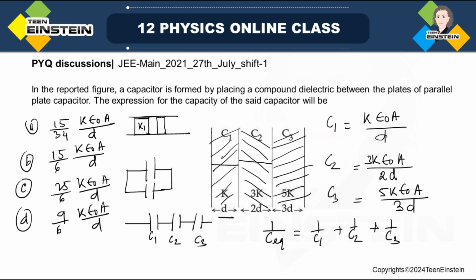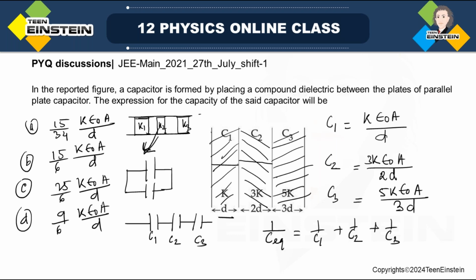See, their area of cross section is not same, but this distance is same actually. Within the same distance. So this is where the difference is. This will give you parallel combination, but in this case it is series combination.